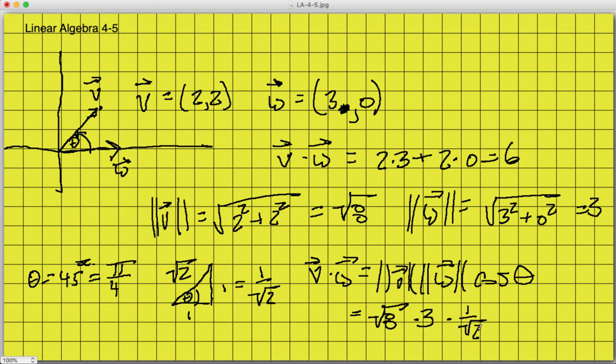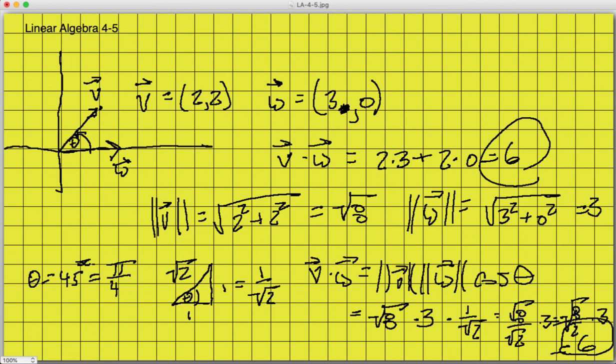So this is equal to radical 8 over radical 2 times 3, or actually radical 8 over 2 times 3. 8 over 2 is 4. Radical 4 is 2. 2 times 3 is equal to 6. So we can see that that number equals that number over there.